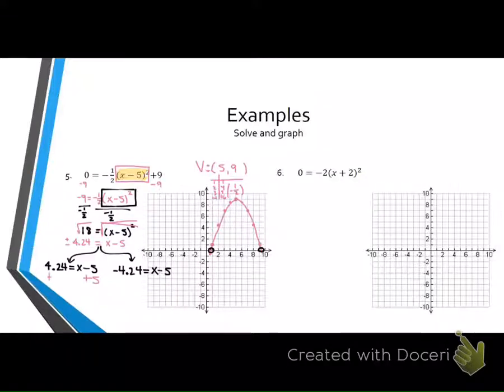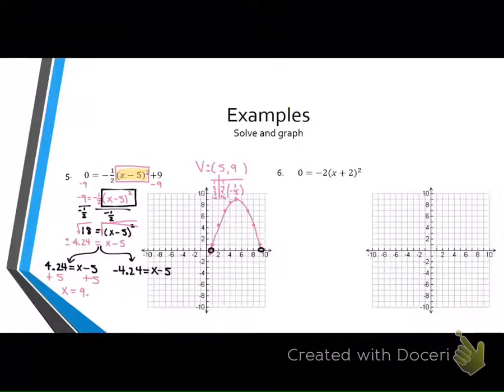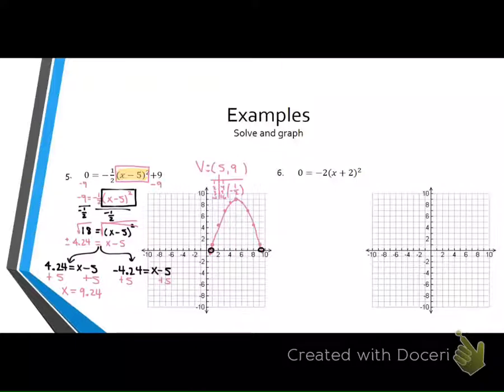So 4.24 plus 5 is 9.24. That makes sense, looking at where it's crossing, somewhere between 9 and 10. If I add 5 to negative 4.24, I get 0.76. So x equals 0.76, which again makes sense because it's somewhere between 0 and 1.